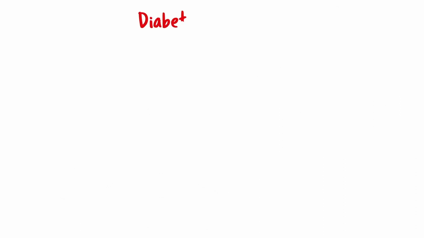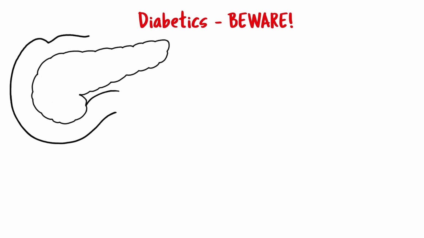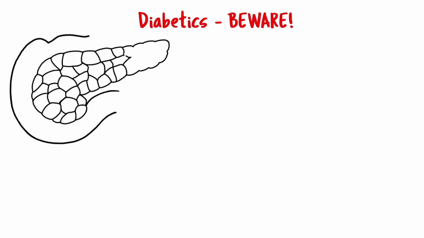And if you are a type 2 diabetic injecting insulin, be aware that you must take special precautions even if you do not have cancer. This is because insulin injections can amplify the growth impact that insulin has on cancer cells. Here's why. In a healthy person, the pancreas releases two hormones, insulin and glucagon, to control the level of blood sugar.